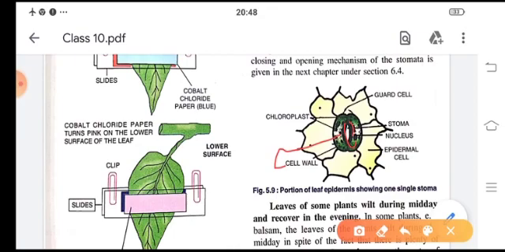But during night time, the food which is manufactured here is transported through the epidermal cells or the side cells of the stomata, and the guard cells become flaccid in nature, and the stoma between these guard cells becomes closed. So this is the closing of stomata.